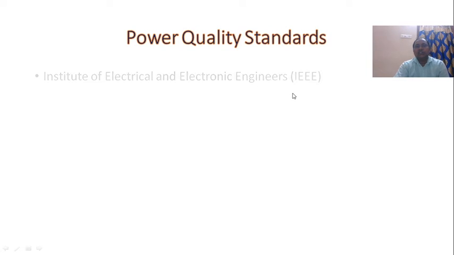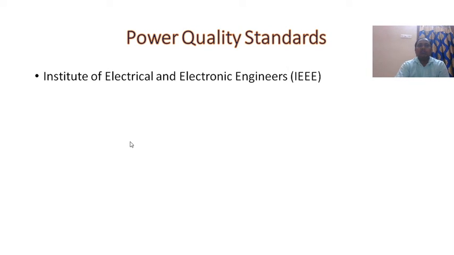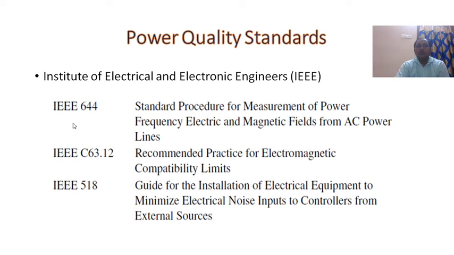Power quality standards are very important. The Institute of Electrical and Electronics Engineers, that means IEEE, gives certain rules and regulations for power quality issues. IEEE 644 gives the standard procedure for measurement of power frequency electric and magnetic fields from AC power lines.